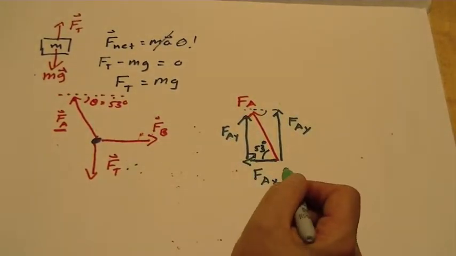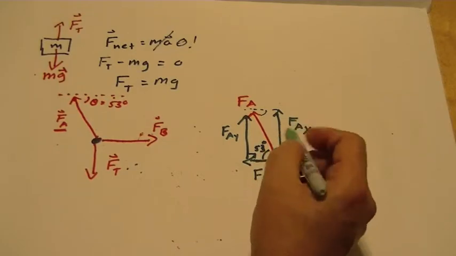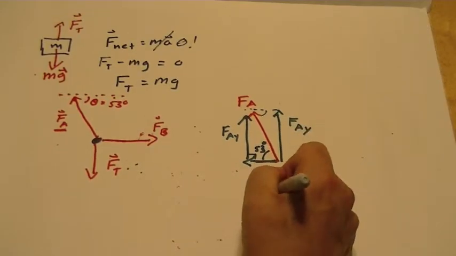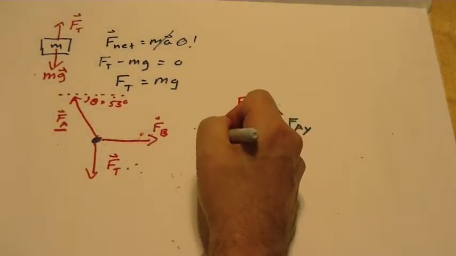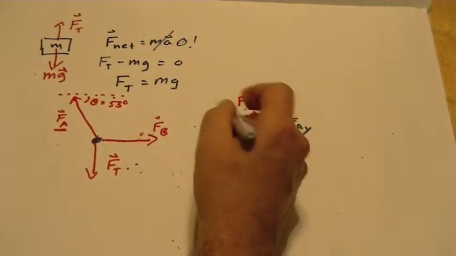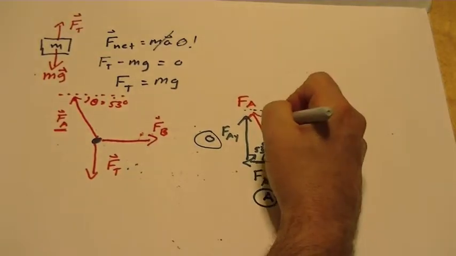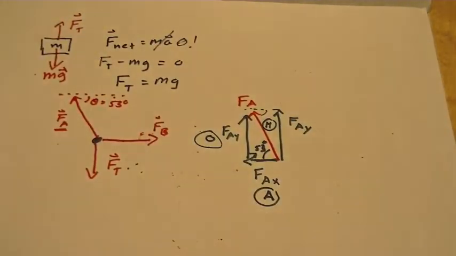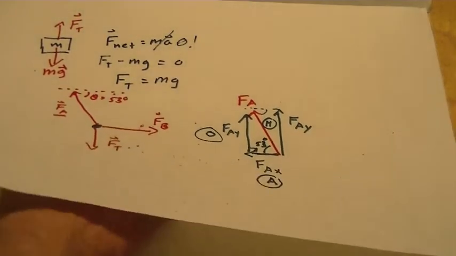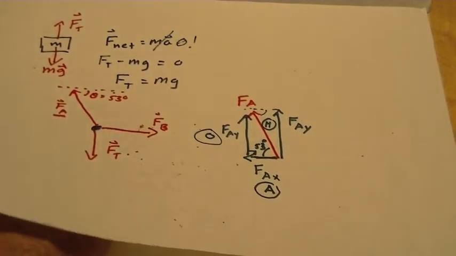So I can use trig, where I have the adjacent side of the triangle, the opposite side to the angle, and this is the hypotenuse. My picture right now is a little small and getting a little complicated, so I'm going to redraw it so it's easier to see, and I'll make it nice and large.